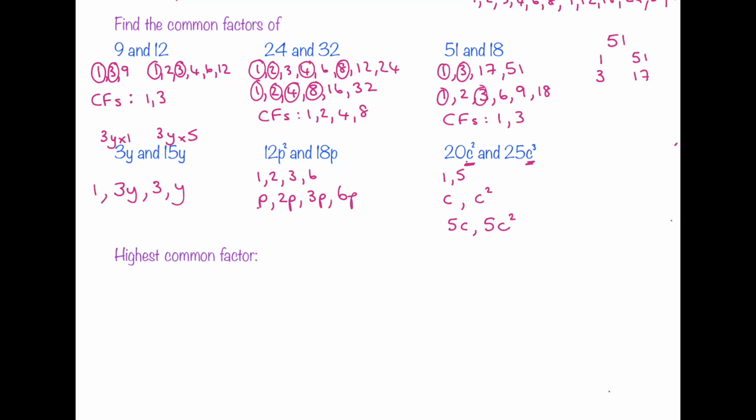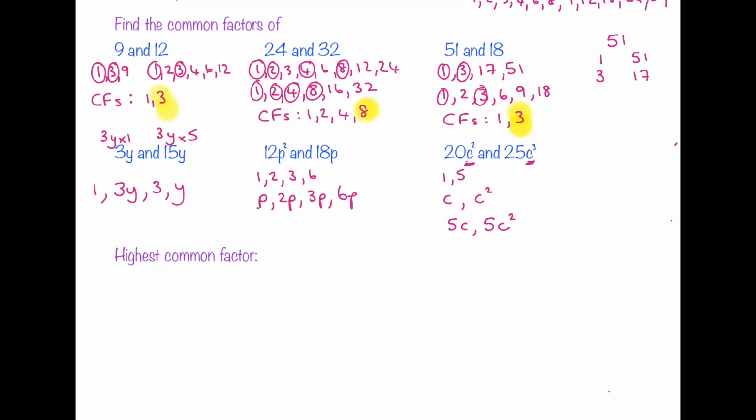So if we go right back to here, then the highest common factor there is 3. So 3 is the highest common factor of 9 and 12. If we're looking at 24 and 32, the highest common factor is 8. If we're looking at 51 and 18, the highest common factor is 3. So it's the biggest thing that goes into both.